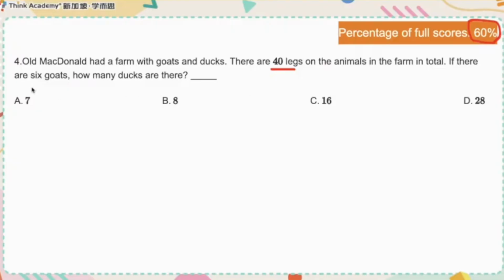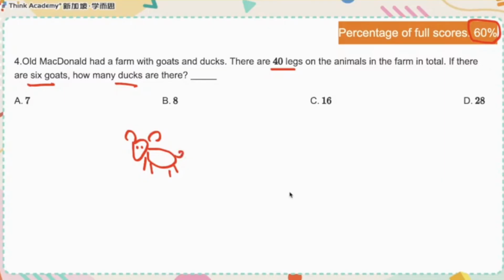And then if there are 6 goats, how many ducks are there? Okay, everyone, firstly, type in your chat box. As for each goat, there are how many legs for each of them? Okay, let me draw a goat. One goat got how many legs?